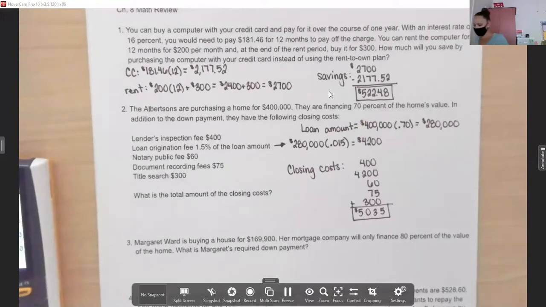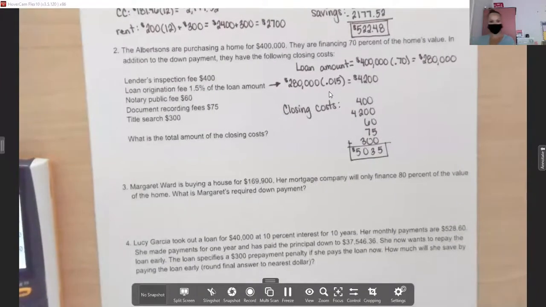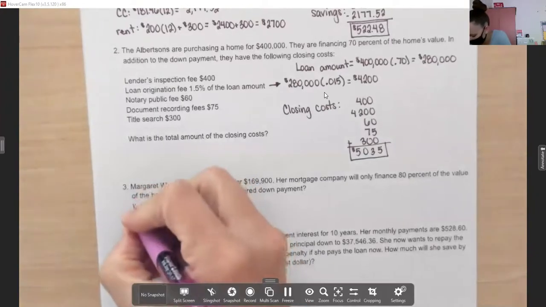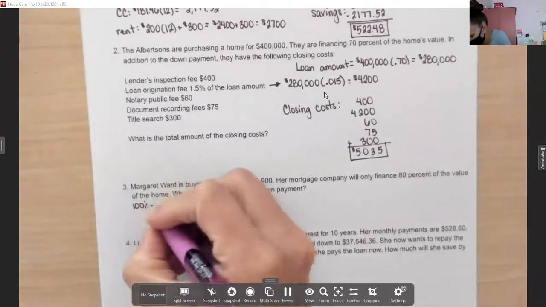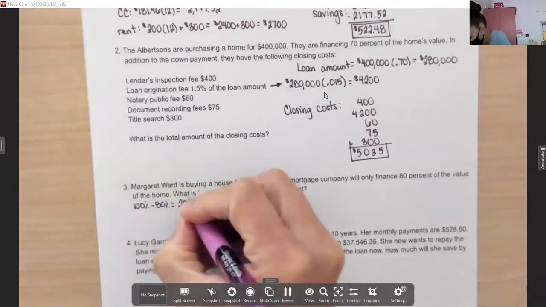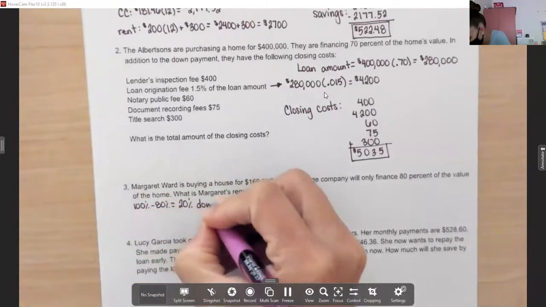All right, number 3. Margaret Ward is buying a house for $169,900. Her mortgage company will only finance 80% of the value of the home. What is her required down payment? So, if they're going to finance 80%, so 100% minus 80% is going to be a 20% down payment.